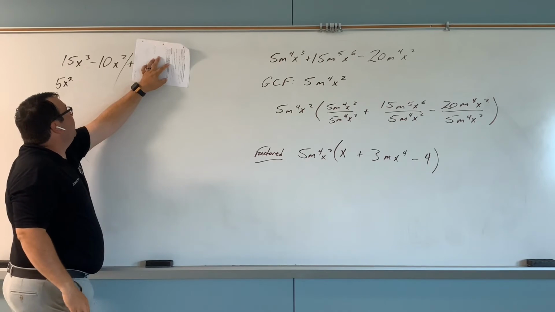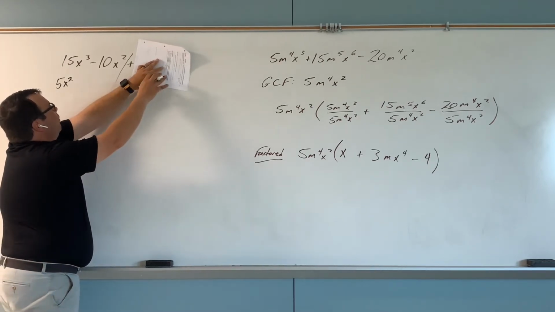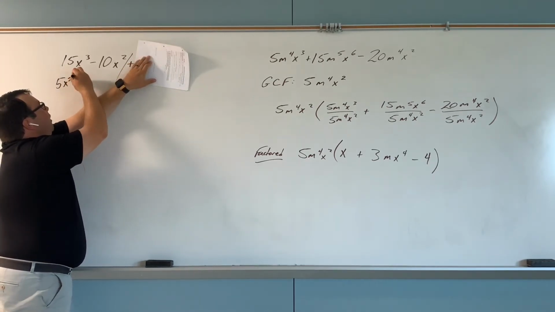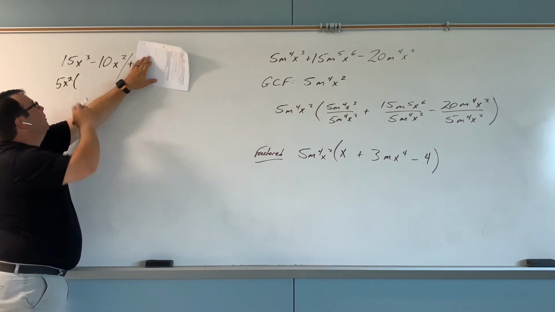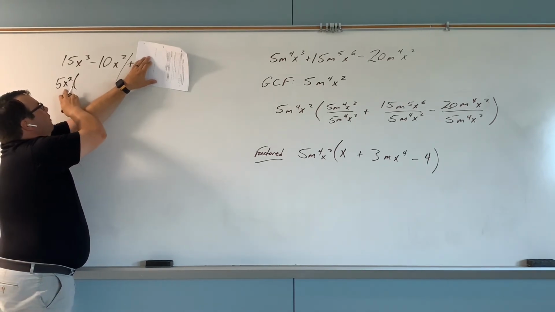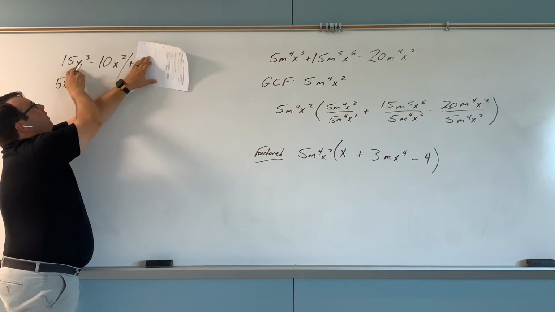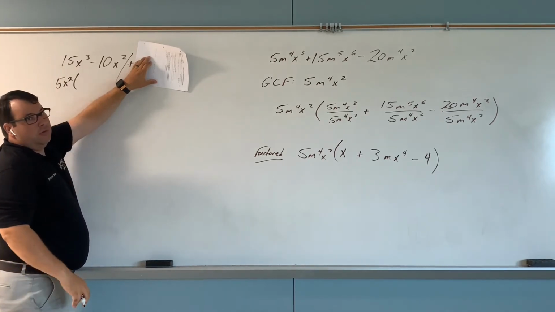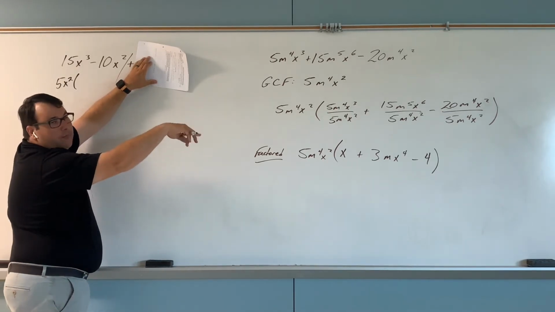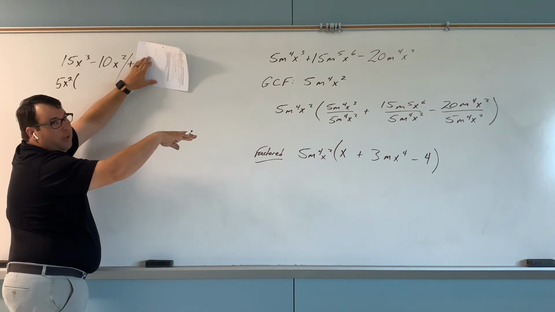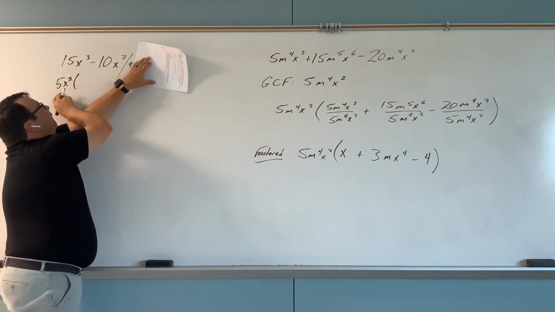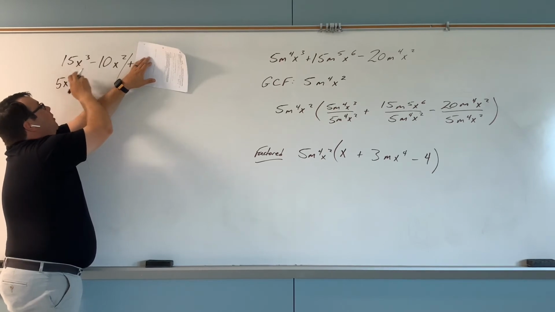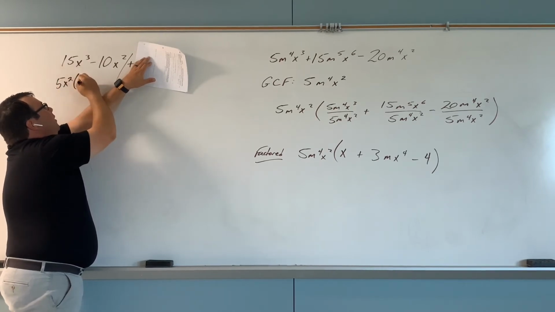Now, that being said, if I were to pull out a 5x squared, ask yourself, 5x squared times what gives me 15x cubed? It's the same thing as if you were to divide and work this out as well. So 5x squared times what gives you 15x cubed? 5 times 3 gives you the 15.